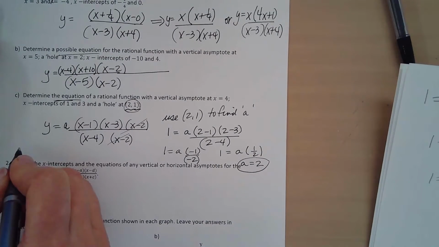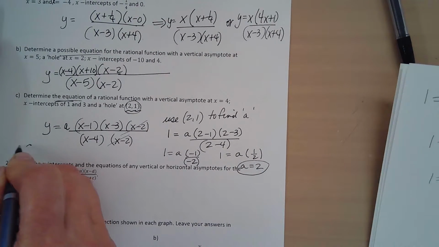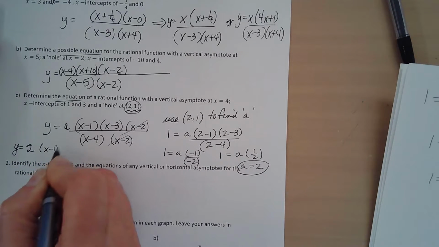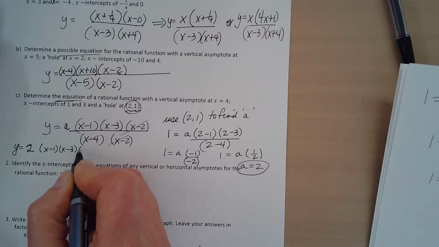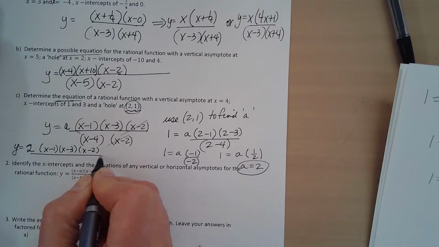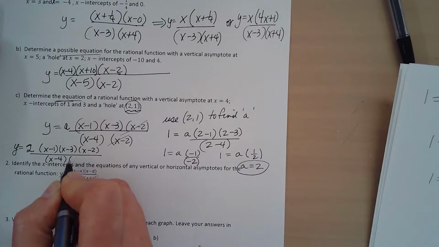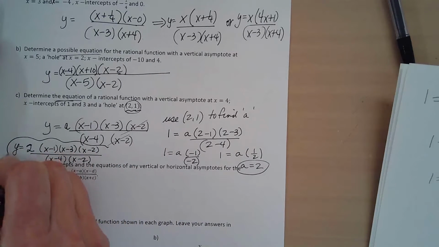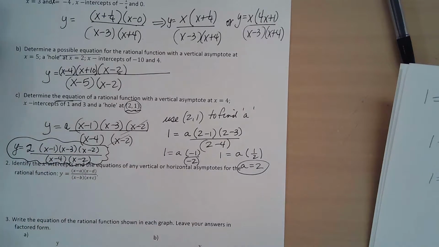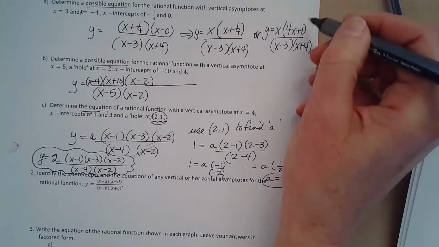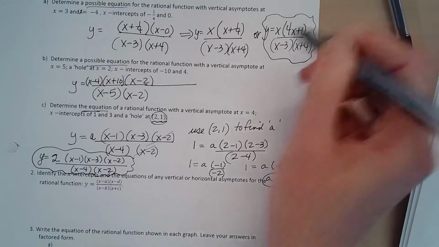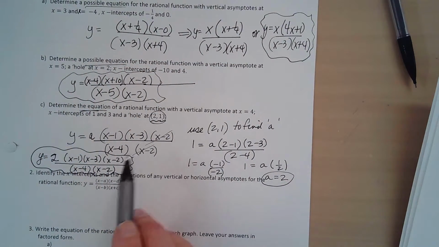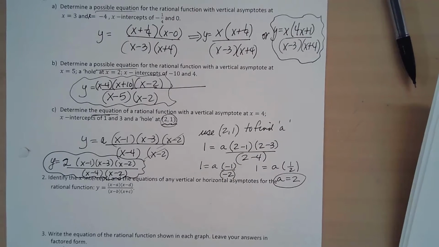All right, so finally the equation is y equals 2 times x minus 1, x minus 3, x minus 2, all over x minus 4, x minus 2. Okay, that was a little tricky. You've done that skill before, right? If they give you more info, just check the info they give you. Everything should check. And if this point doesn't check with the equation, there's something else going on. So maybe there's an a value.